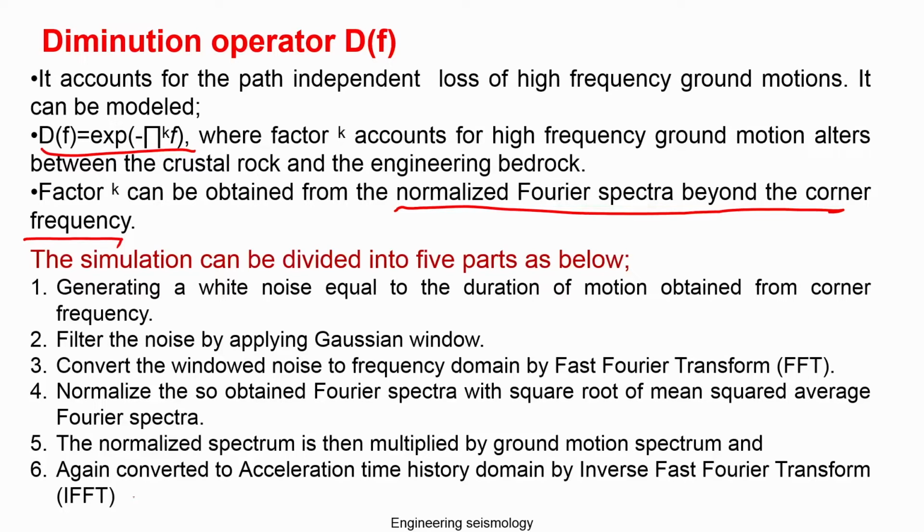So, you can see that, as I told you during the frequency domain parameters, the parameters we discussed in the frequency section basically help in the simulation part predominantly. That is why you see corner frequency, cutoff frequency, the Fourier spectrum, normalizing the Fourier spectrum. All those parameters are very useful in the simulation.